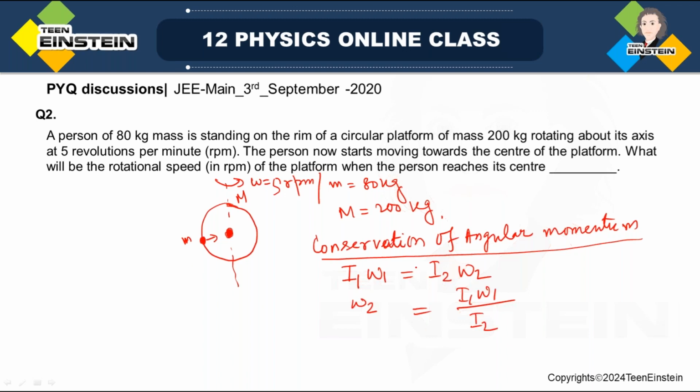But this is the problem now. How to find out I1? I1 means the initial moment of inertia of the system.